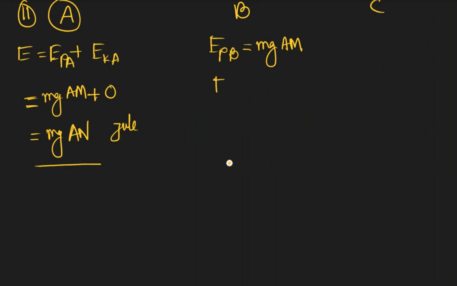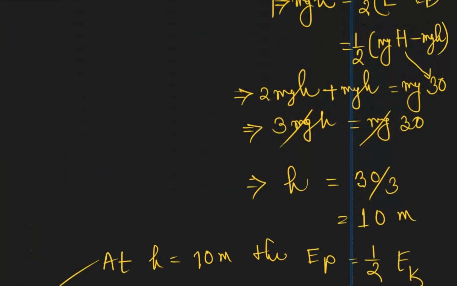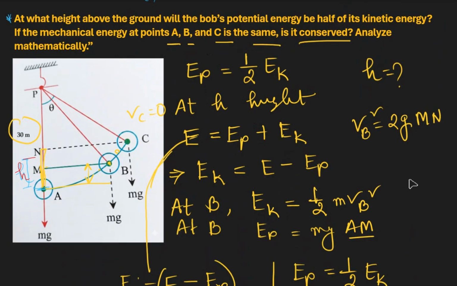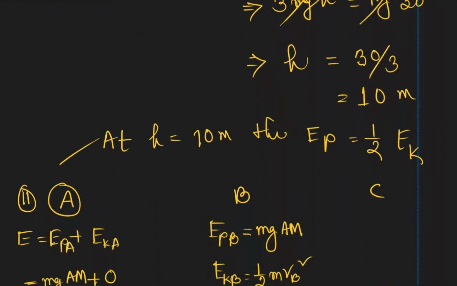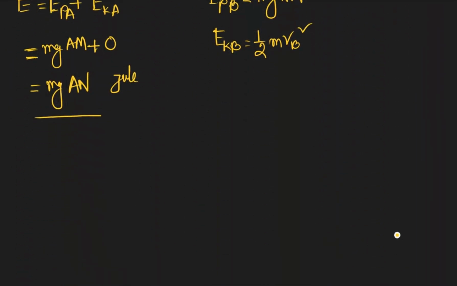And the kinetic energy is half m vB square. So vB square, did you calculate somewhere? Yes, that is actually 2g MN. So vB square is 2g MN. Let's write down here half of m dot 2g MN.